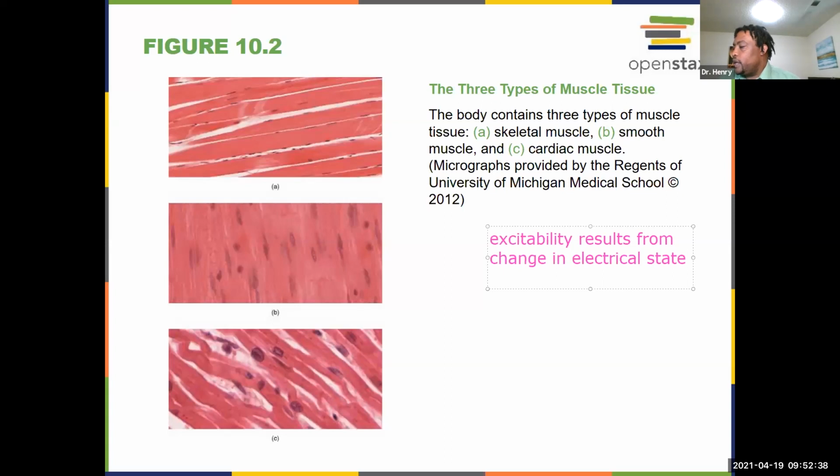Okay, so we know that our muscles are going to be elastic. You know what elastic means? Stretchy. So they're going to have some stretchiness to them, because our muscles have to be able to contract and extend.